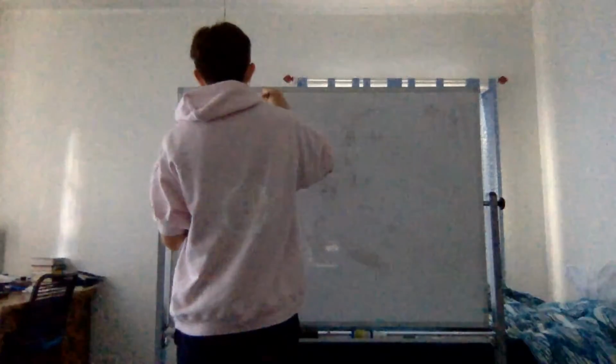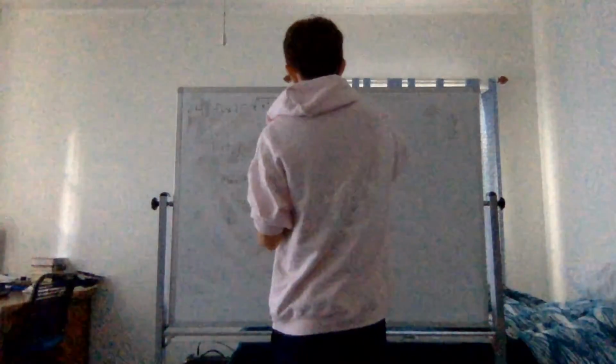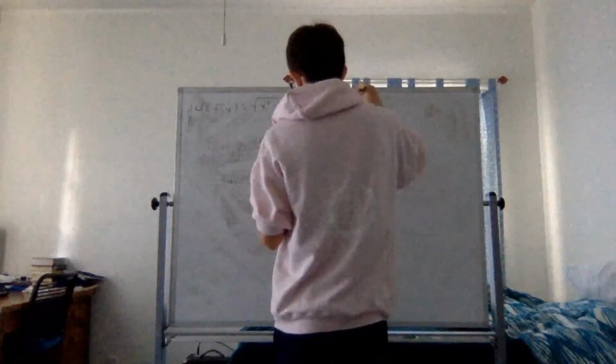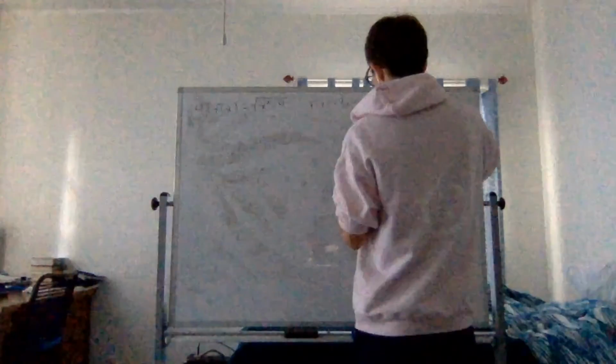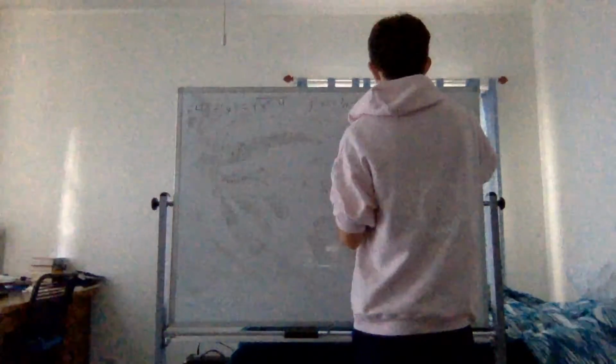Okay, 14. If f of x equals radical x squared minus 4, and g of x is equal to 3x minus 2, then the derivative of f of g of x at x equals 3 is equal to question mark, right?